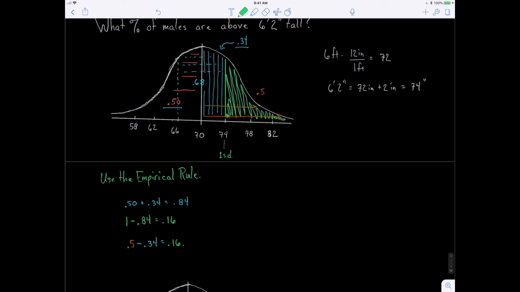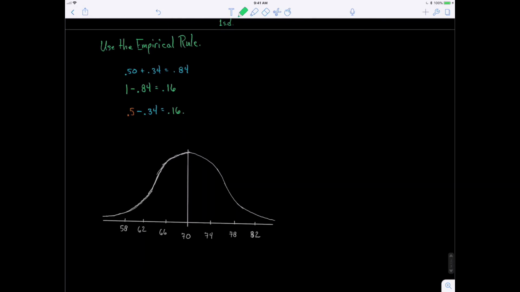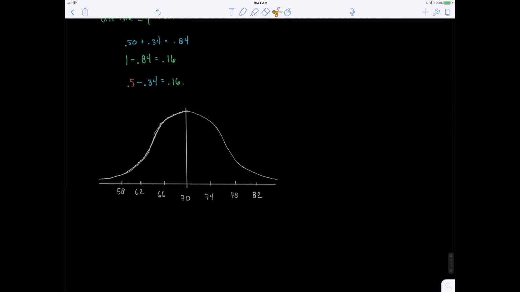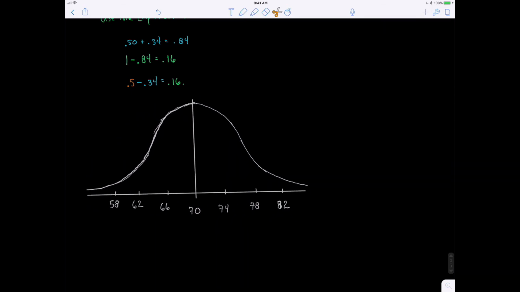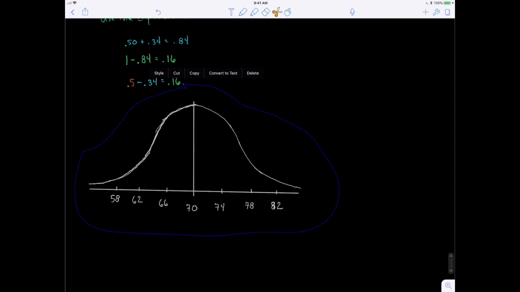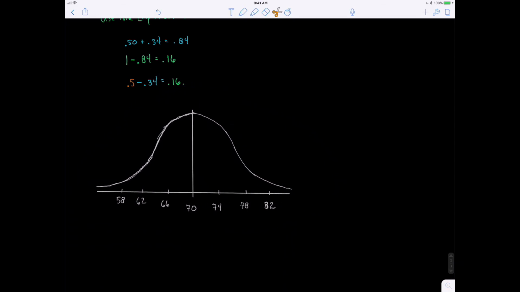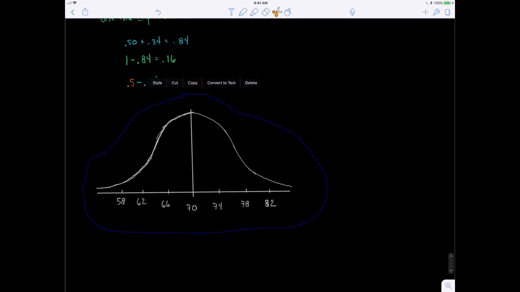Okay, let's try one more problem. And look at that, we have exactly one more normal distribution right here just waiting to be utilized. So we'll straighten that out, maybe make it even a little bit bigger and straighter. Okay, here we go. So let's go back to our gray.